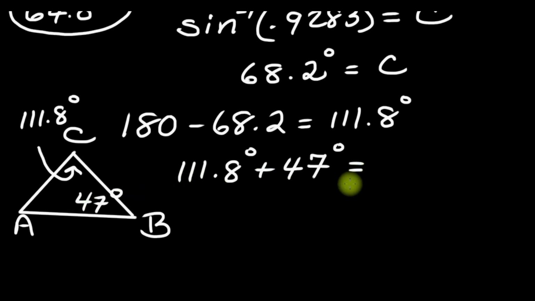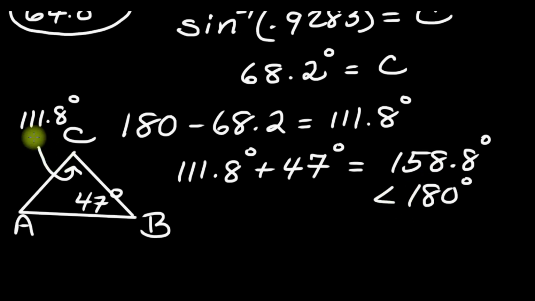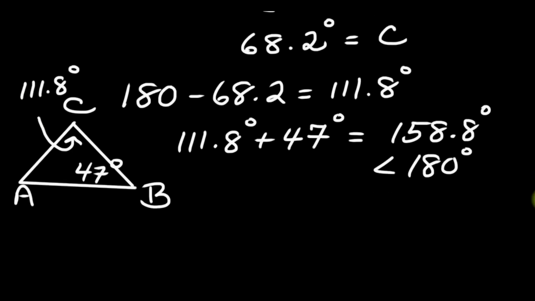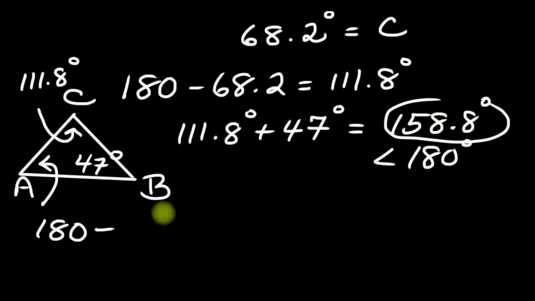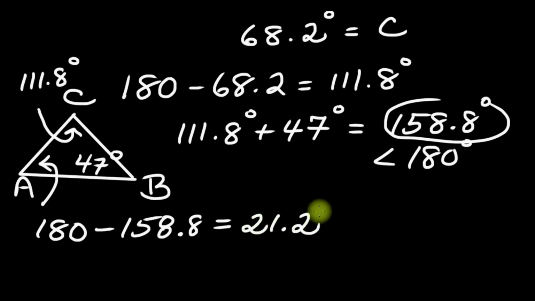Okay, so when you add these two up, it's going to come out to 158.8 degrees. So this is less than 180. So angle C can also be 111.8 degrees. So now to find the new angle A, we would go 180 minus 158.8 degrees, and that is going to give us 21.2 degrees.